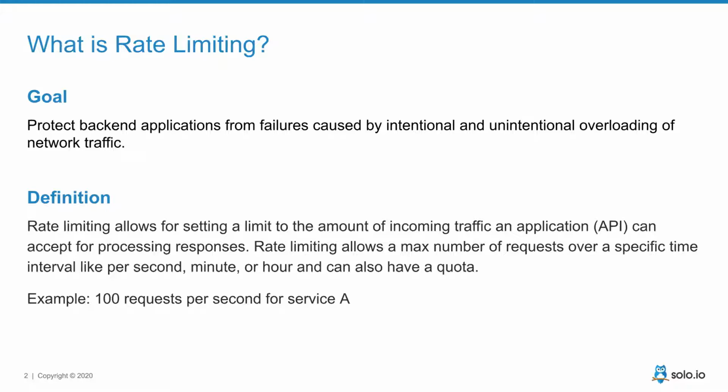So if we're selling an API, we might have a particular quota or a particular plan that we're selling alongside it. So rate limiting can be used in terms of protecting your application, and it can be used as a way of modeling your business. And a really basic example of a rate limit is, I might want to enable 100 requests per second to a service.